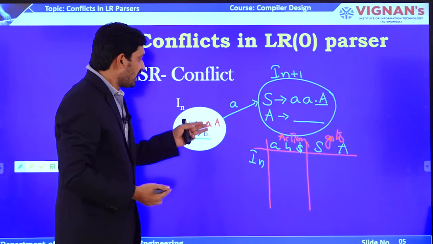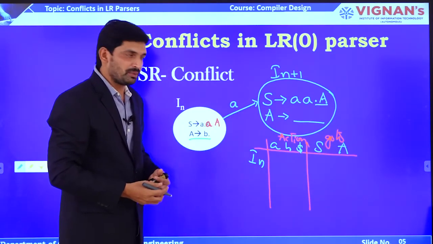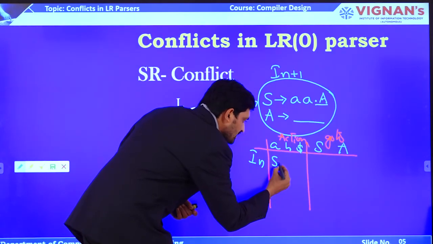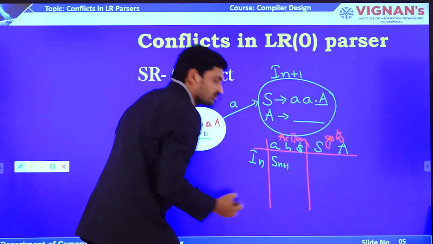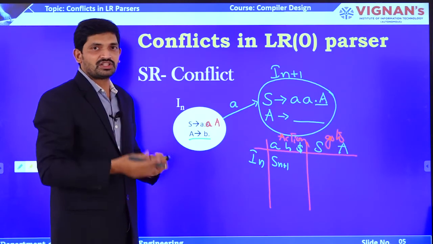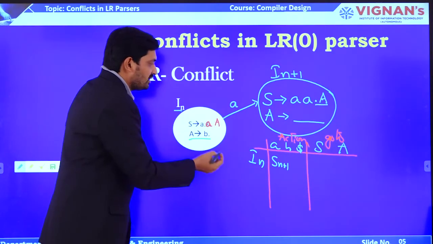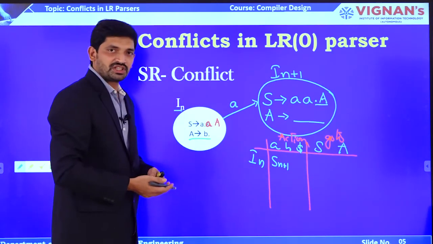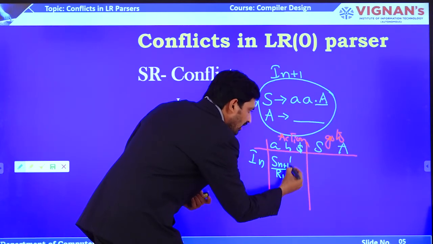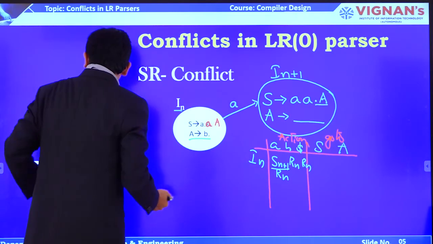You can find from IN state on small a, I have to perform the go to operation. So, on a IN plus 1, what I have to write here is S N plus 1, and because of this final item, I have to place the reduction operation. So, where I have to place? In this IN state, in the entire row, I have to place the reduction operation. So, what I have to write? Let us say RN.